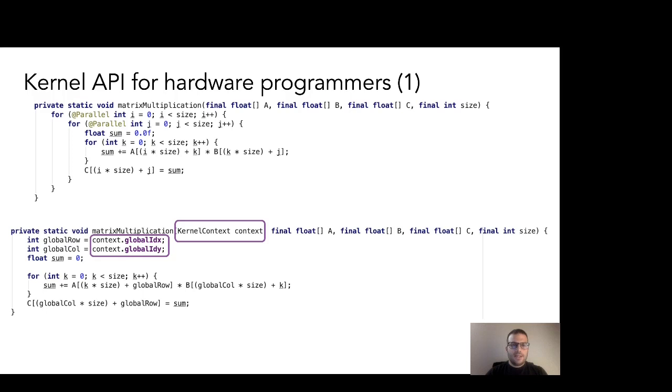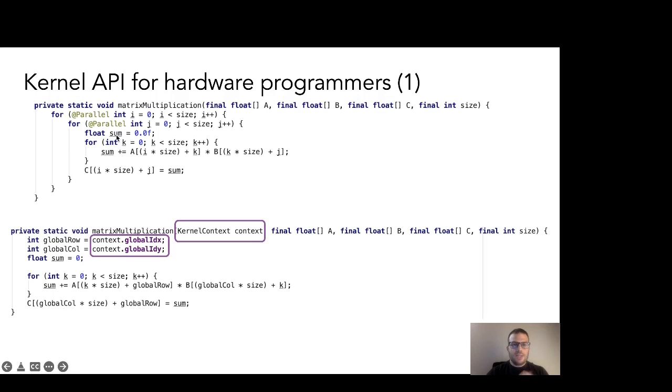Now, I said earlier that in this example, Tornado will result in using two dimensions. So in a sense, the first dimension would use identifiers like being identified by I, while the second one will be identified by J. Now in this case, we replace the for loops completely, and we actually have the identifier of each thread in global row and global column.